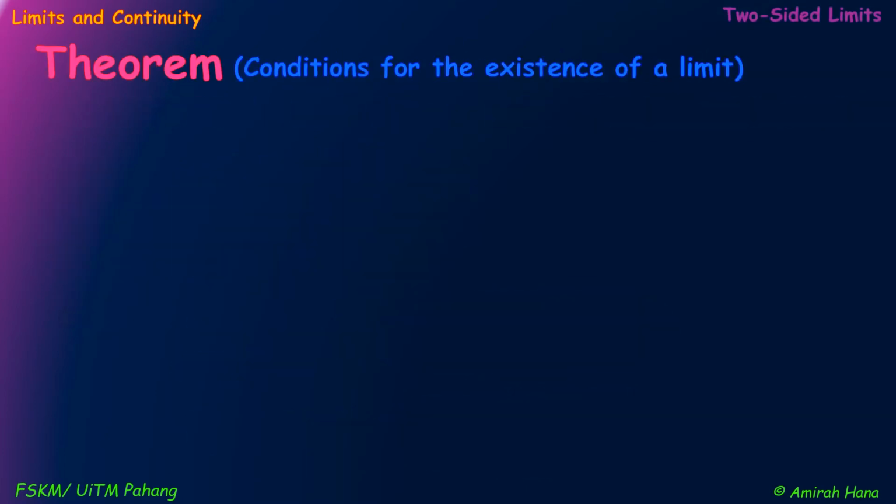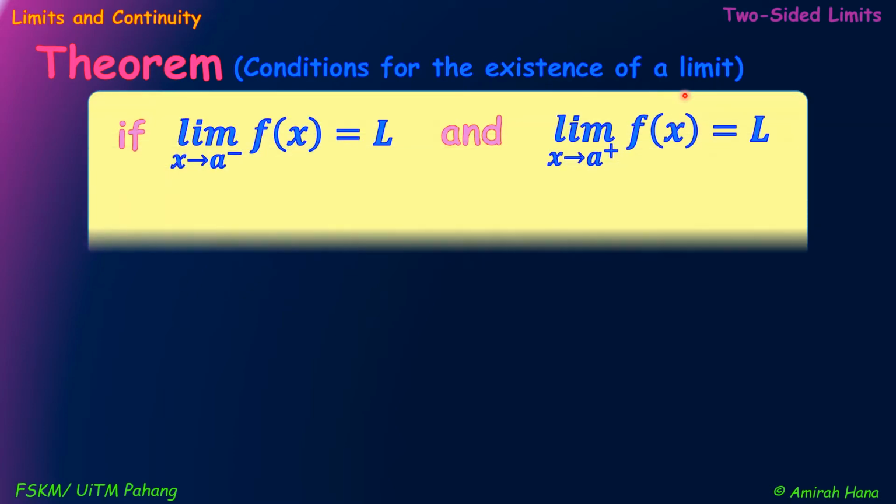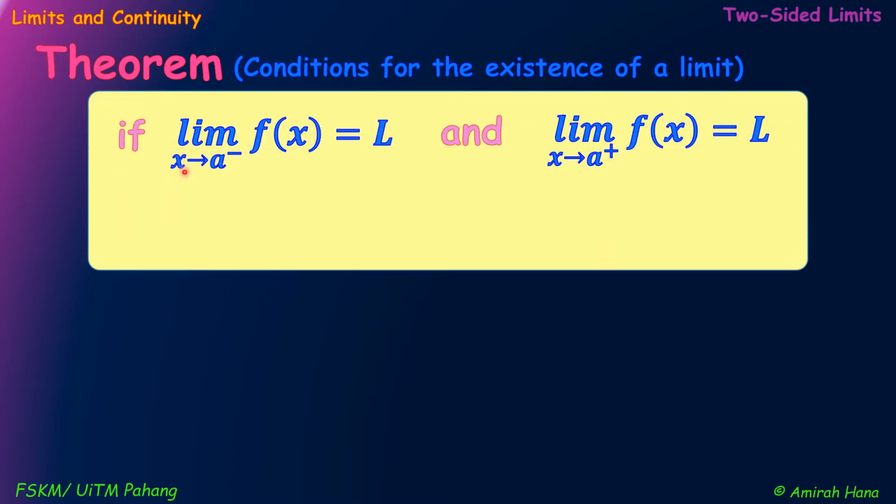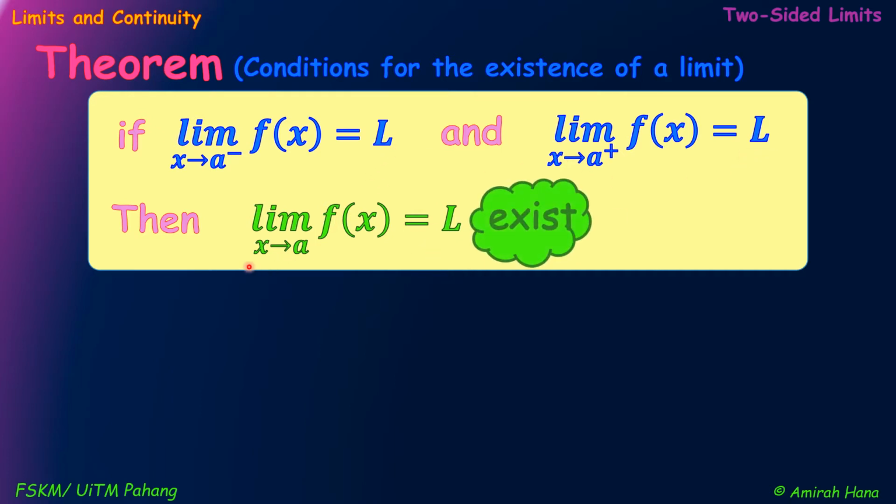Now we look at the theorem or the condition for the existence of a limit. If limit x approaches a from the left f(x) equals L and limit x approaches a from the right f(x) equals L, then limit x approaches a, no right or left here, f(x) equals L. This means the limit exists.